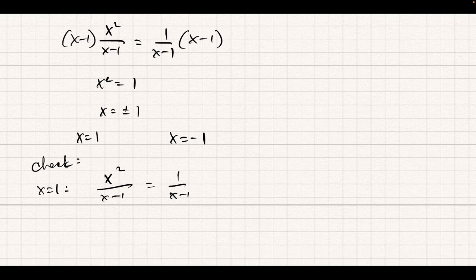The square root of 1 is plus or minus 1, but in this case it can't be positive 1, because otherwise I'd divide by 0, so it has to be negative 1.